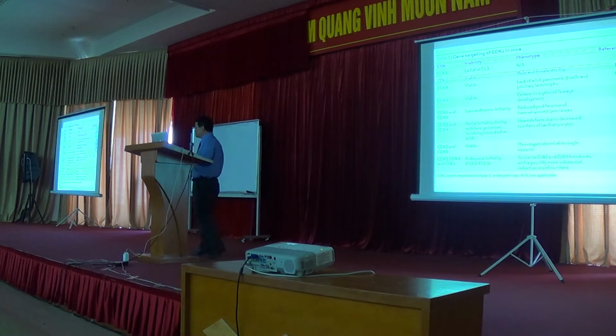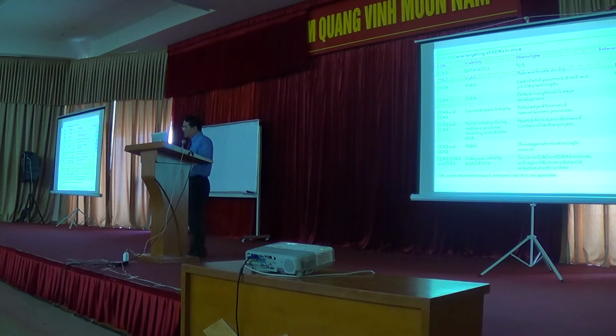However, if we take a look at other cyclins and CDKs, if we knock them out, for example CDK2, the CDK2 knockout mice still survive. They are viable, okay? Except when they grow up, they are no longer fertile, okay?